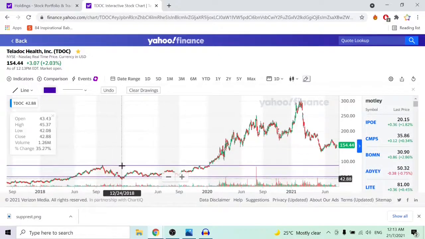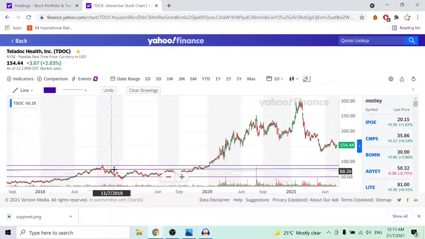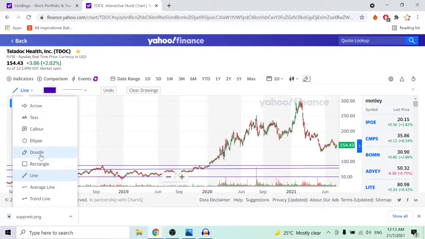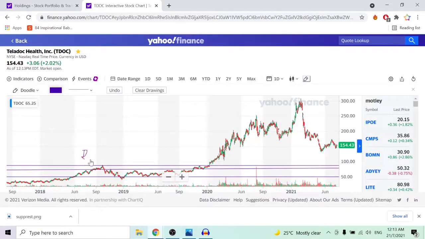This would be the resistance line, and this one would be another resistance line. As you can see, the stock tries to go up and bridges this resistance line, but every time it reaches this line, it comes down again, goes up, and is resisted over here.